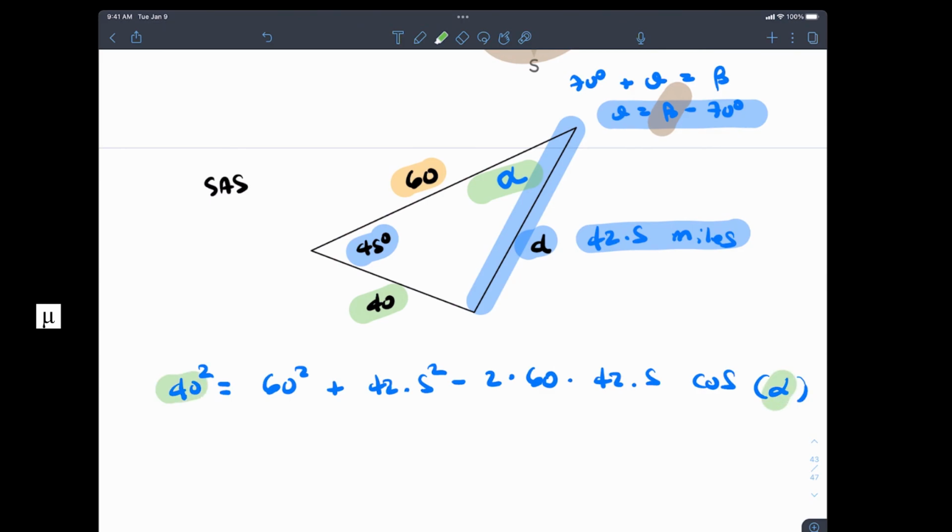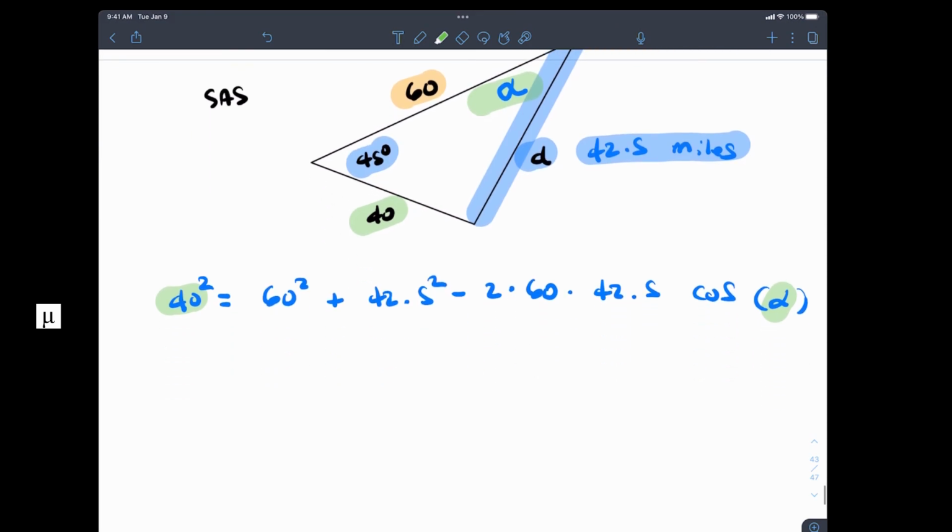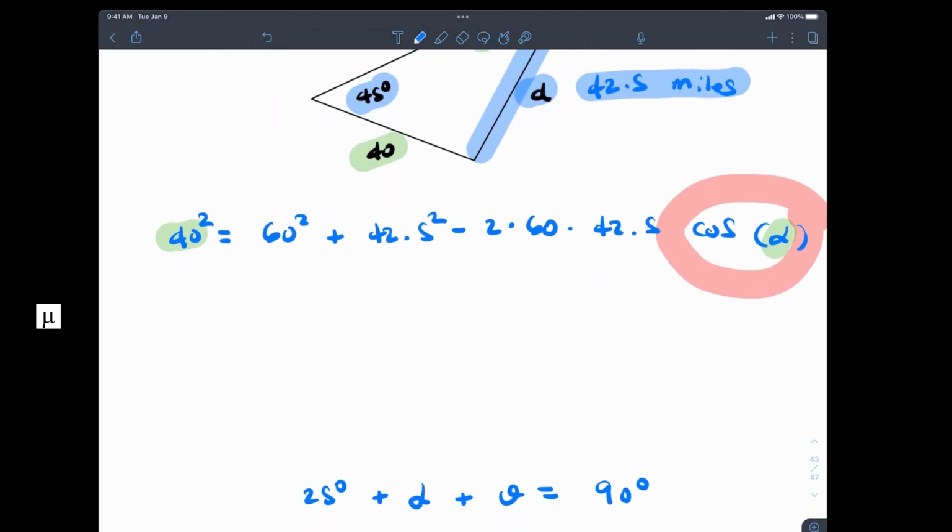Is that true? We've been doing that to find angles. So what you want to do is ultimately solve for cosine alpha. Now, how do you do that? 2 times 60 times 42.5 times cosine of alpha will be 60 squared plus 42.5 squared minus 40 squared.